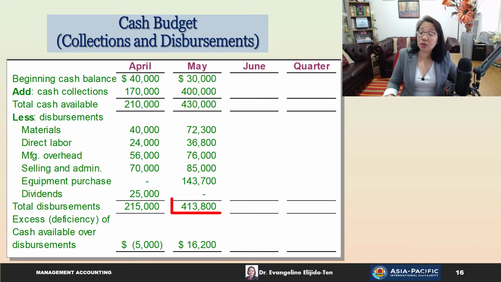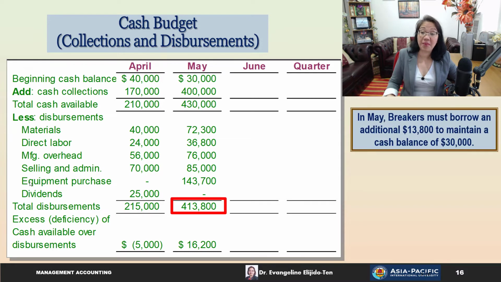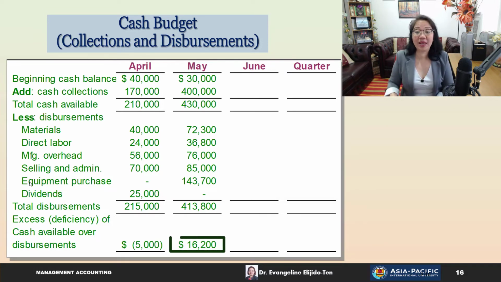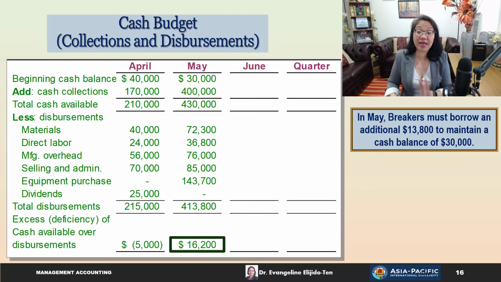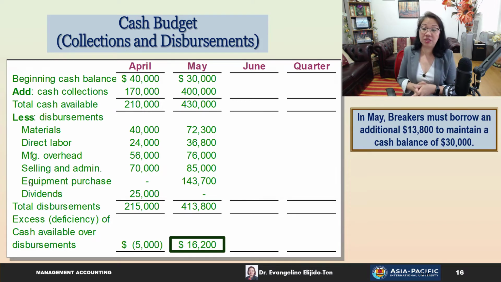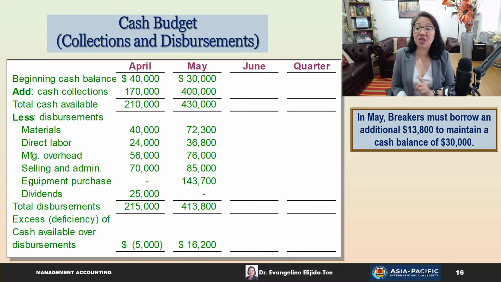So it looks like the total disbursements for May is $413,800. So for the month of May, it looks like we have cash available over disbursements of $16,200. But remember that the minimum cash balance must be $30,000. So Breakers must still borrow $13,800 from their line of credit.